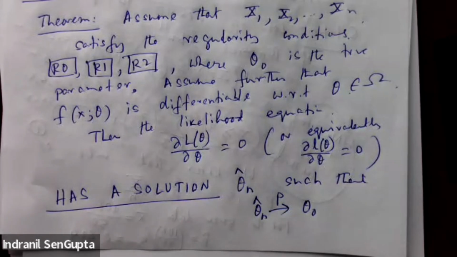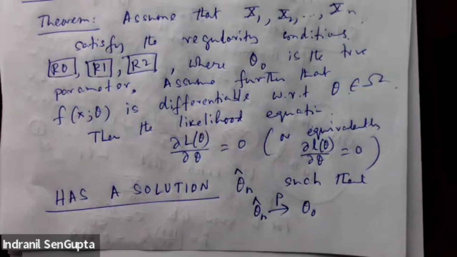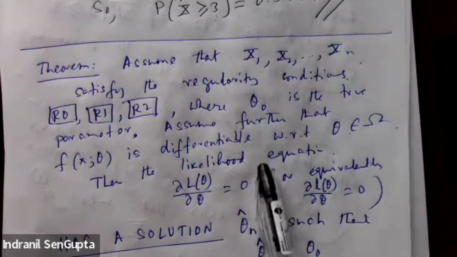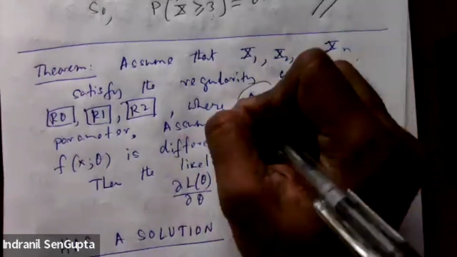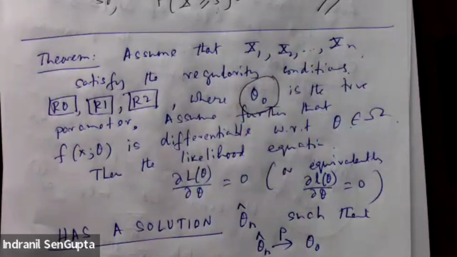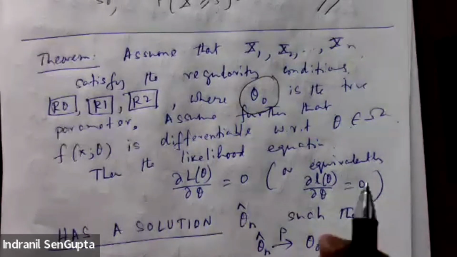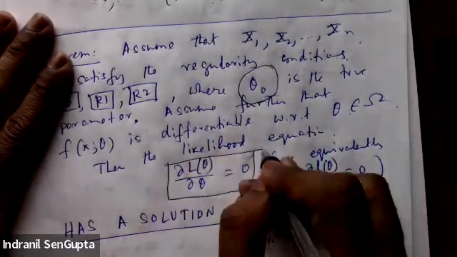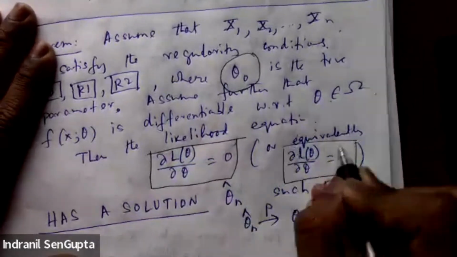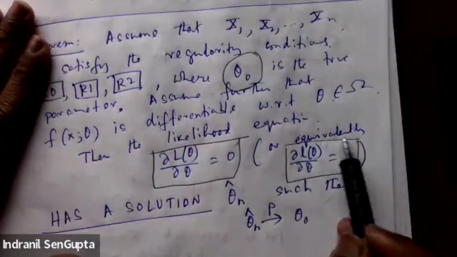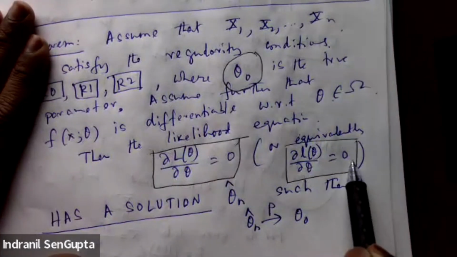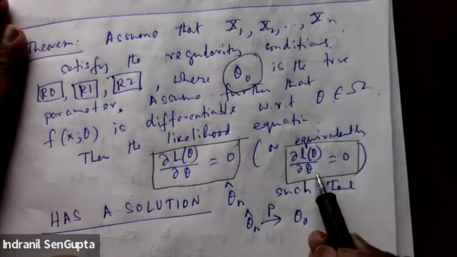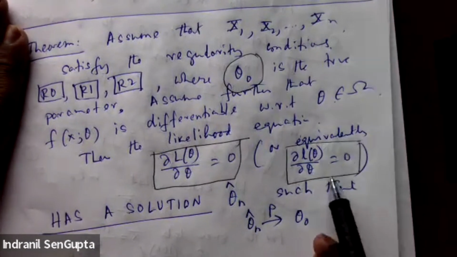Once again, what does it say? Suppose this theta 0 is a true value. True value means we don't know what it is. So theta 0 is something we're trying to estimate. Now, what we are saying is, suppose this likelihood equation that we are solving so far, we are setting this equal to 0, and we can solve it and find a solution.